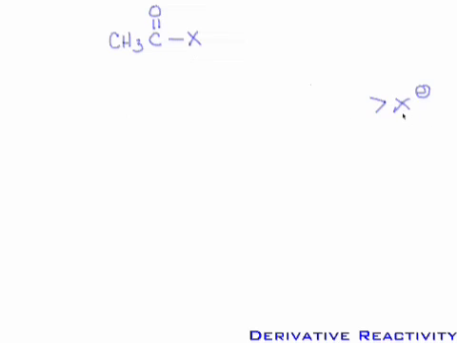So in leaving group ability, the carboxylate is less than the halide. The carboxylate is less of a leaving group.